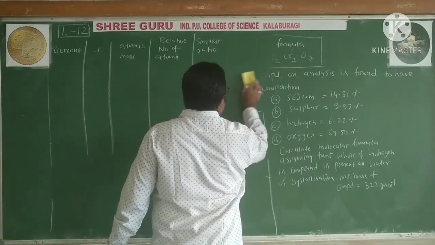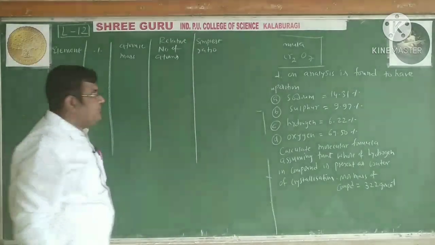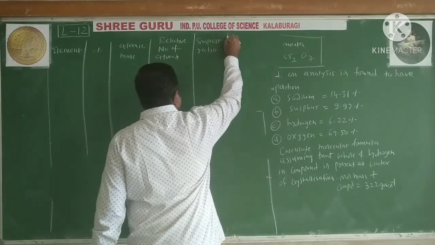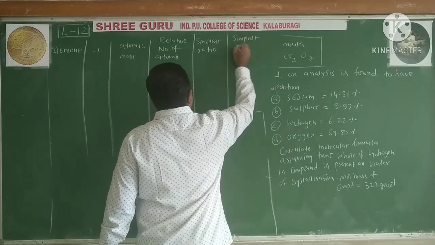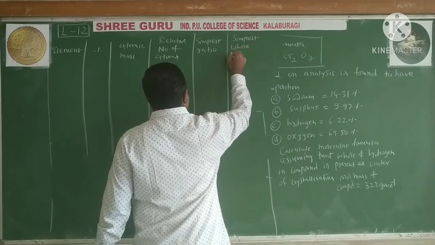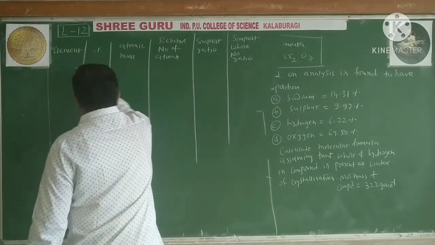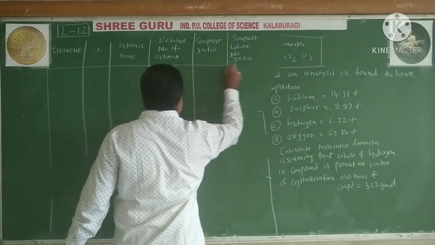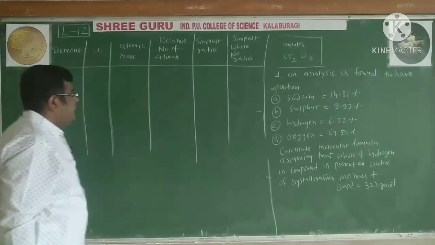I will make space here. That is the simplest whole number ratio. Right? This is the type of table we should make here.